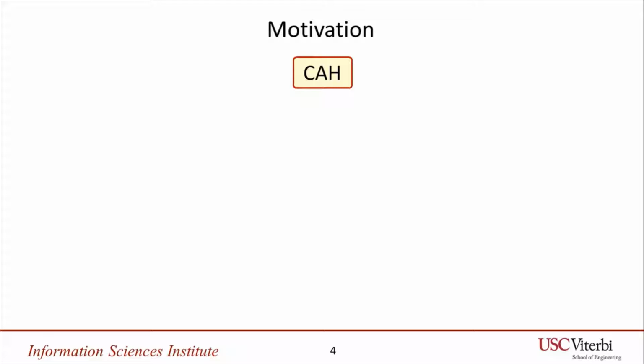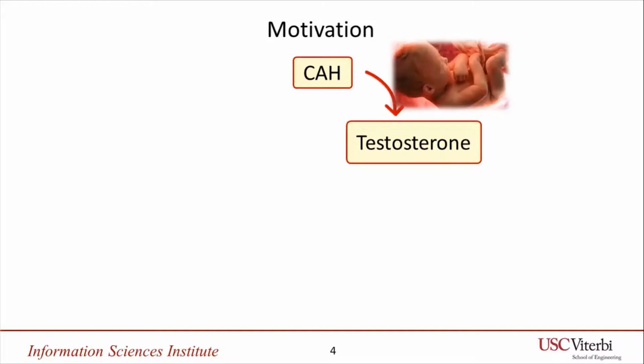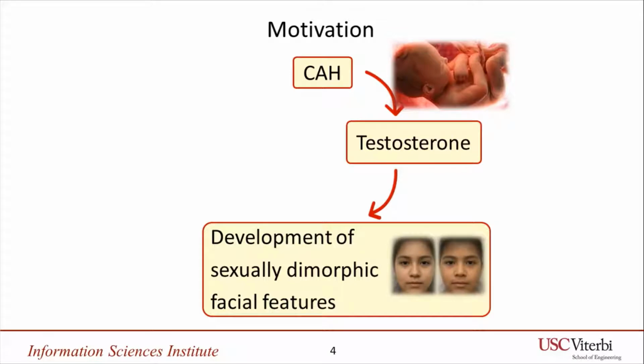We know that CAH affects the level of testosterone in the body of the patients starting from week 7 of their fetal life. There are studies which prove that the level of testosterone affects the development of sexually dimorphic facial features.